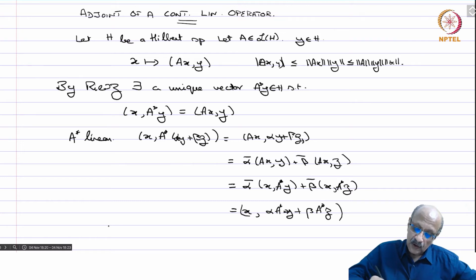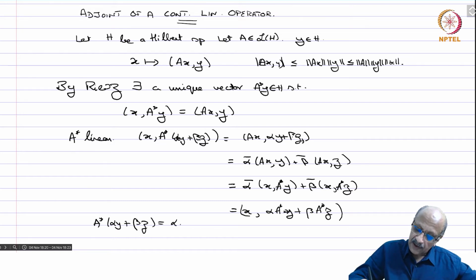Therefore A star of (alpha y + beta z) is nothing but alpha A star y plus beta A star z. So this is a linear map.